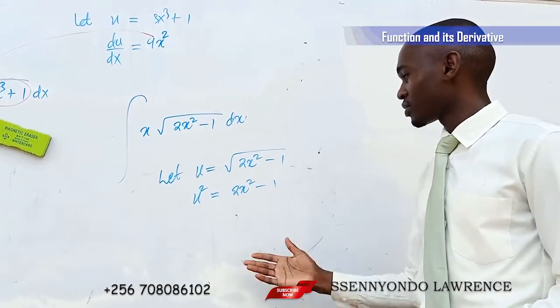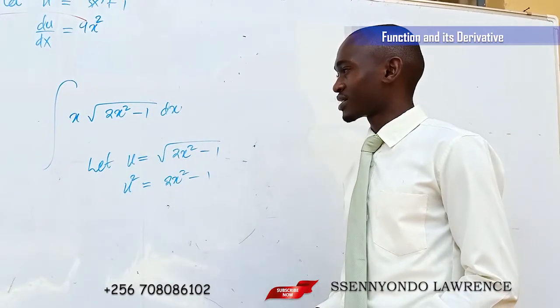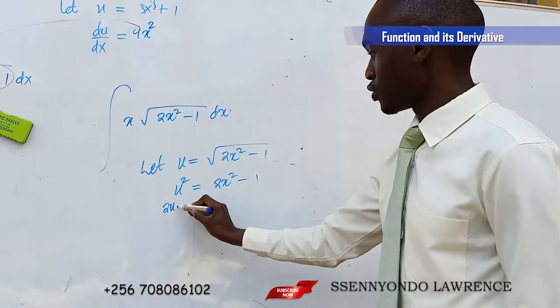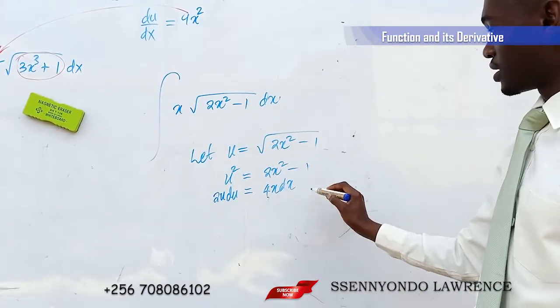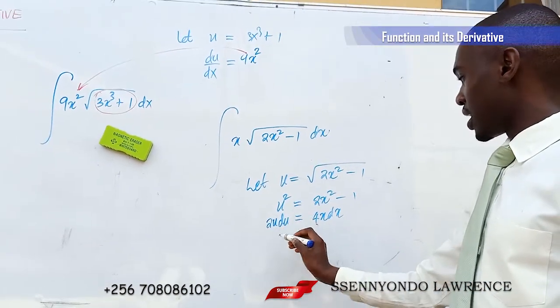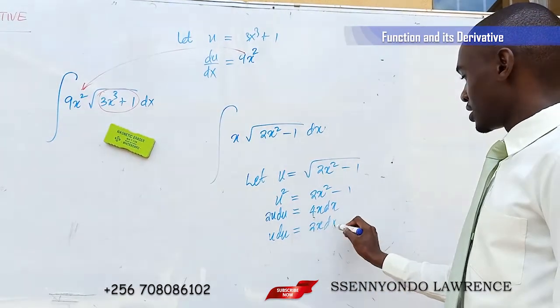Now in this situation, you're preparing to differentiate, but you expect to get x as the derivative. On differentiating, we get 2u du equal to 4x dx. The derivative of 1 is 0. Dividing both sides by 2 here, u du is equal to 2x dx.